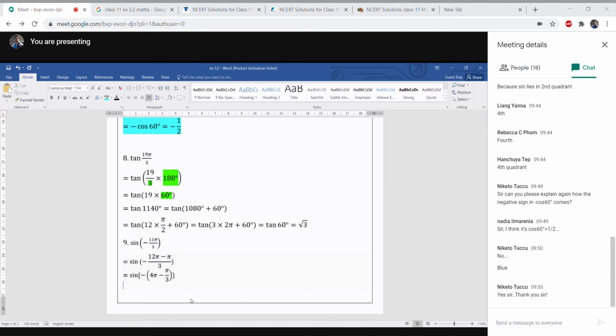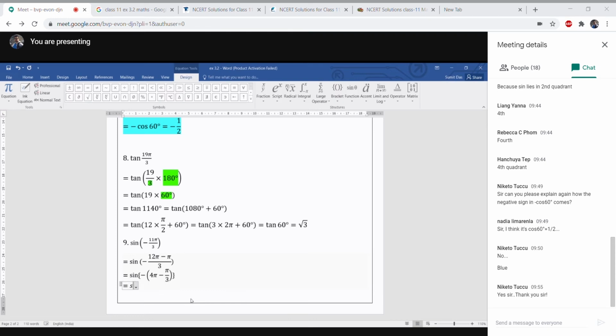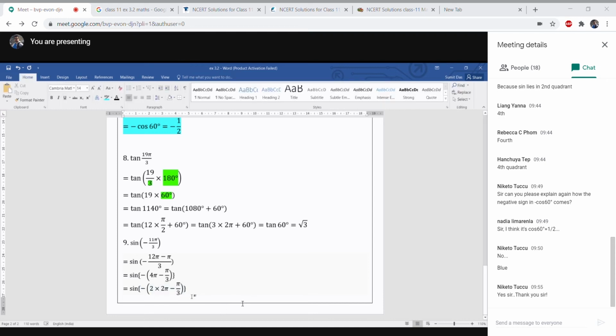So now, can anyone please tell me in which quadrant this 4 pi minus pi by 3 is lying? 4 pi means 2 pi, one complete circle, 2 into 2 pi means two complete circles, minus pi by 3.